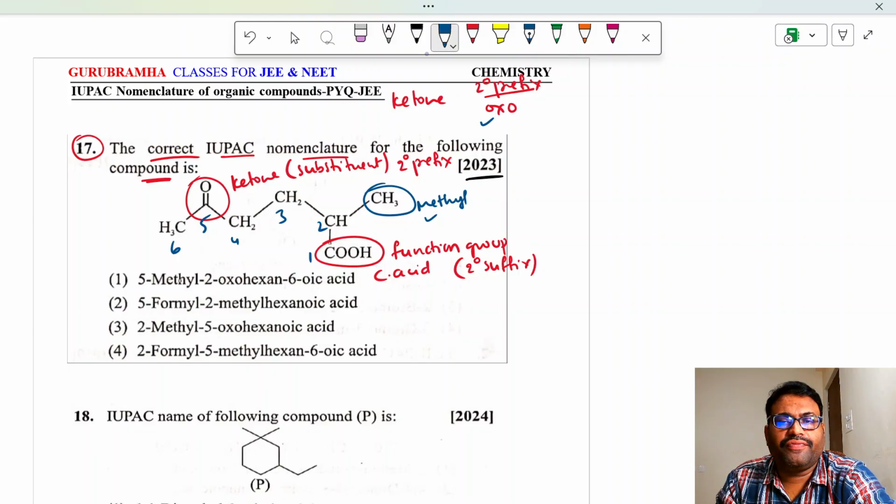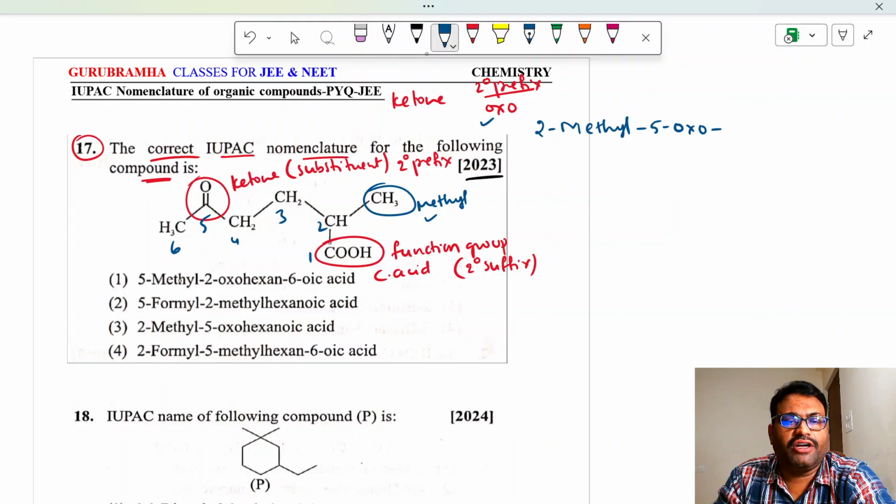Okay. Now in the alphabetical order, which comes first? M comes first. M and O. So what do you write? 2-methyl, right? 5-oxo. Total number of carbon atoms in the parent chain. How many? 6.